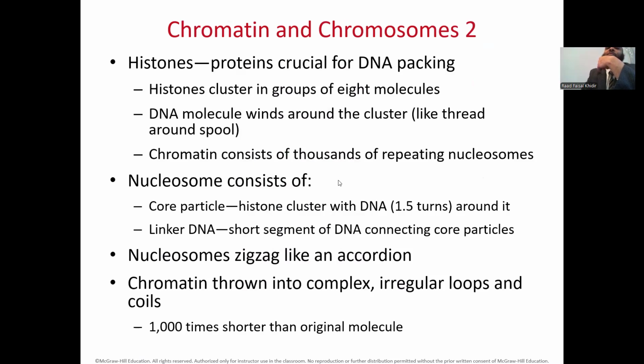The nucleosomes consist of a core particle, a histone cluster with DNA 1.5 turns around it, and the linker DNA, a short segment of DNA connecting core particles. Nucleosomes zigzag like an accordion, and the chromatin forms irregular loops and coils.